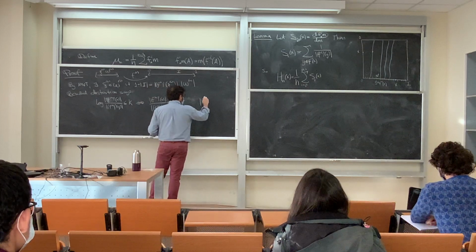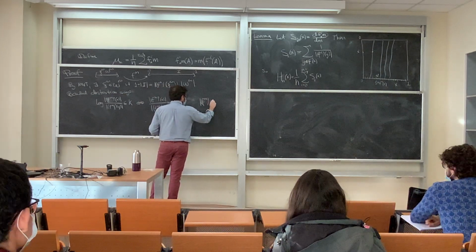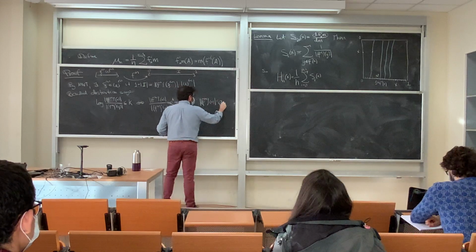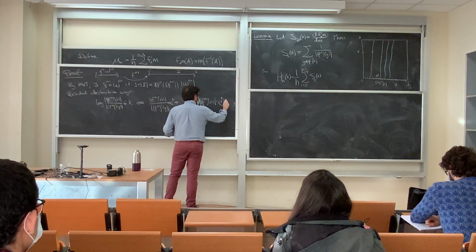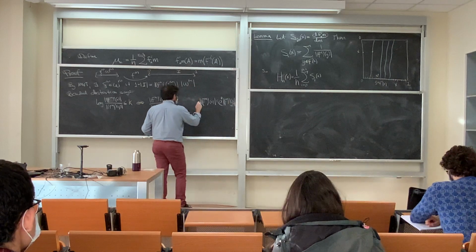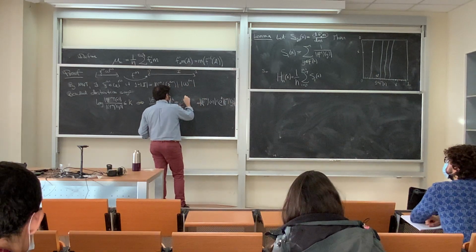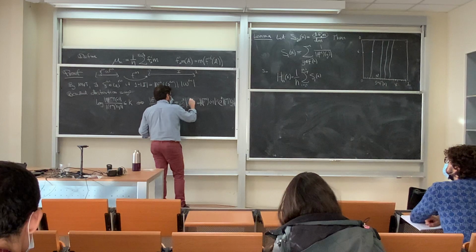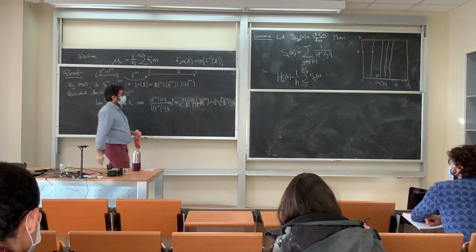So F_n prime of x is less than e^k times F_n prime of y, and greater than e^{-k} F_n prime of y.